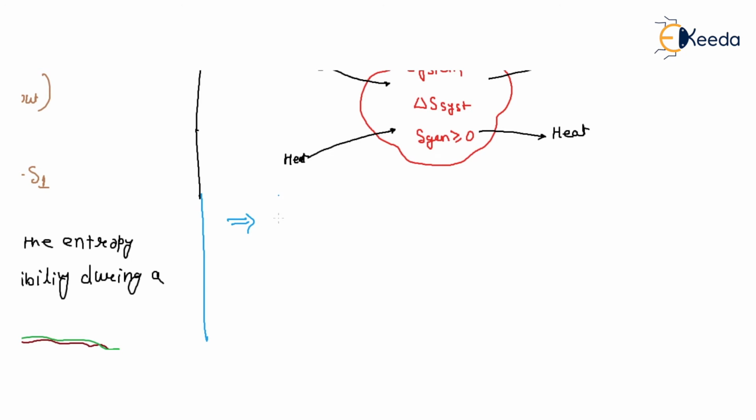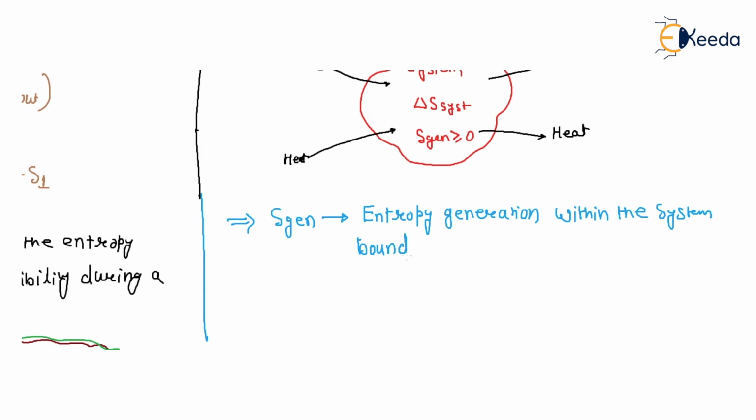So entropy generation is the entropy generation within the system boundary only. There is nothing like that external to the system. Entropy generation is always within the system.